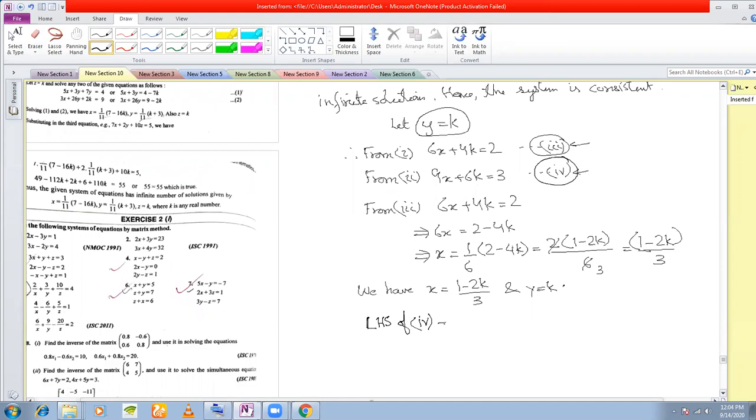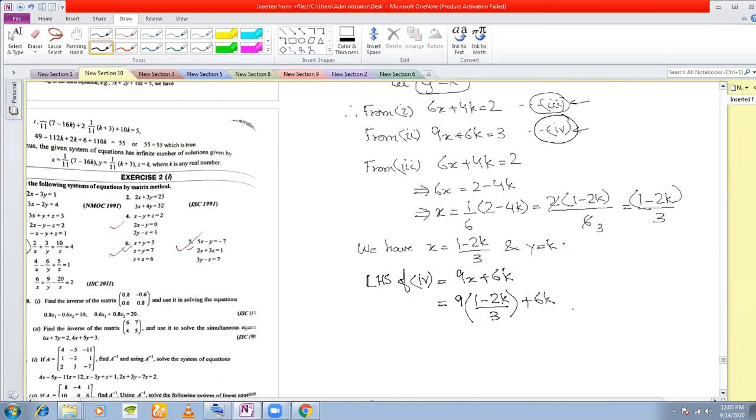So, LHS of 4. What is the LHS of 4? 9x plus 6k. Okay, so 9 times, put the value of x, 1 minus 2k by 3, and we have 6k. So what are we getting here? Let's see. If you take the LCM, you get 9 minus 18k plus 18k divided by 3.